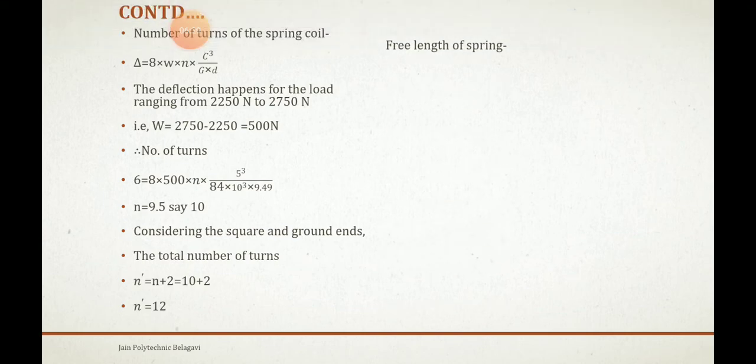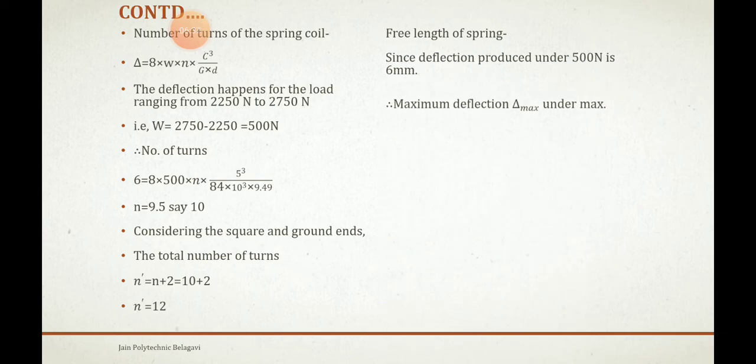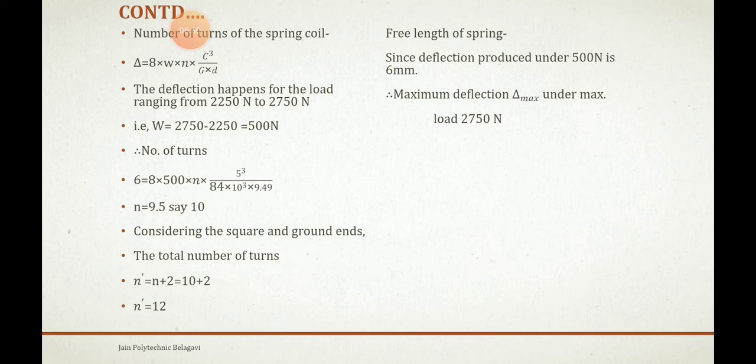Fine. Let us move to the next. We'll calculate the free length of the spring. The formula for free length is, but before that you have to calculate delta max. Now see here, maximum deflection delta max will occur under the maximum load, that is 2750 Newton.